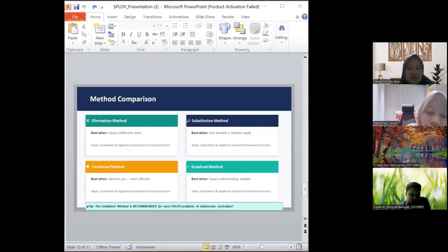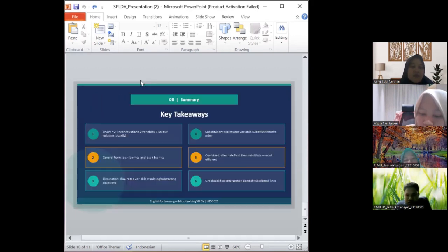Alright, class, we are coming to the end of our session today. Here is a summary of what we have learned. First, an SPLDV is a system of two linear equations with two variables x and y.